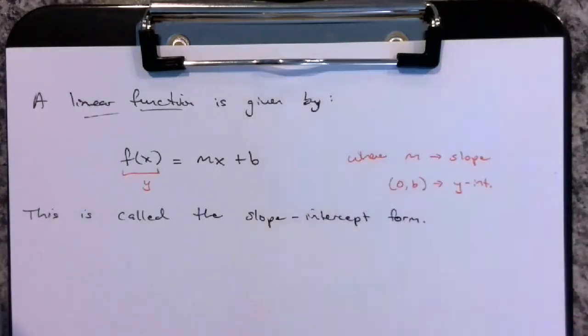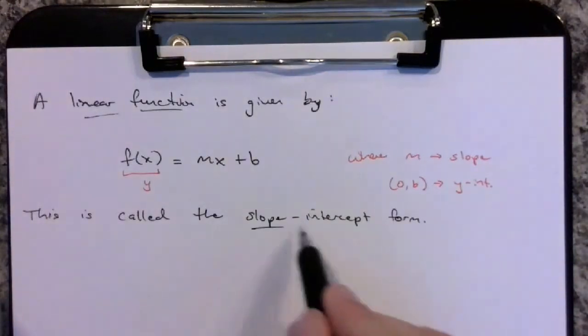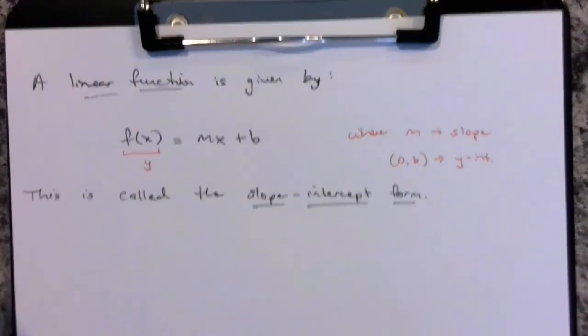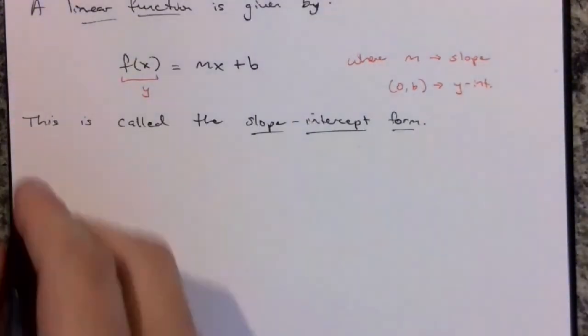And because this is a review, you should be familiar with this already. You probably have seen it as y equals mx plus b. Remember, y and f of x are interchangeable. So this is the slope-intercept form of a line. The other form of a line that we use, and especially more frequently in calculus we use it, is the point-slope form.